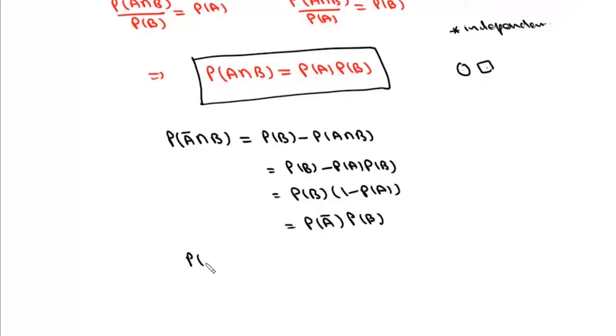In the same way we can prove probability of A intersection B naught will be probability of A into probability of B naught.